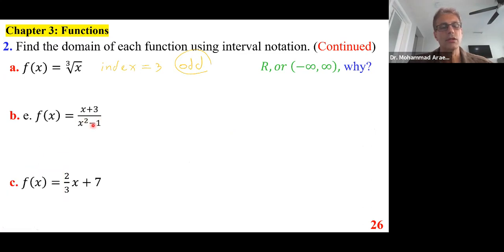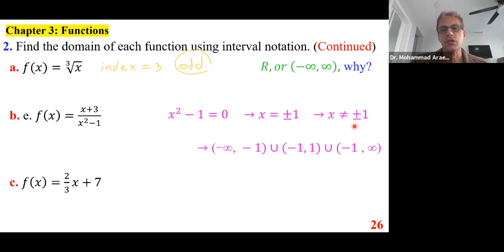This is also a rational expression. So this rational equation, denominator set it equal to 0 and exclude that. X squared minus 1 is 0, which is x equal to plus minus 1. So your domain is all real numbers except those numbers. So you could write it in this fashion, and that's okay, but we want to know the interval notation.